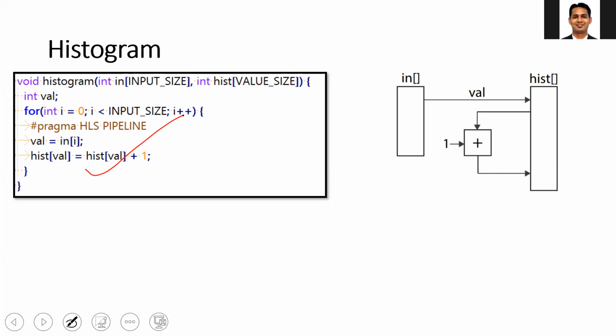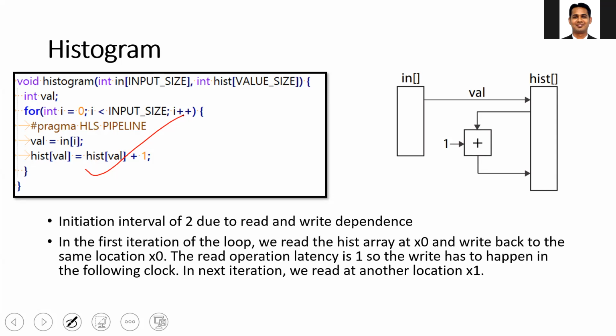This means your HLS pipeline initiation interval will be more than 1, at least 2, because you are doing the read and write from the same location of the array. So the initiation interval is 2 due to the read and write dependence.